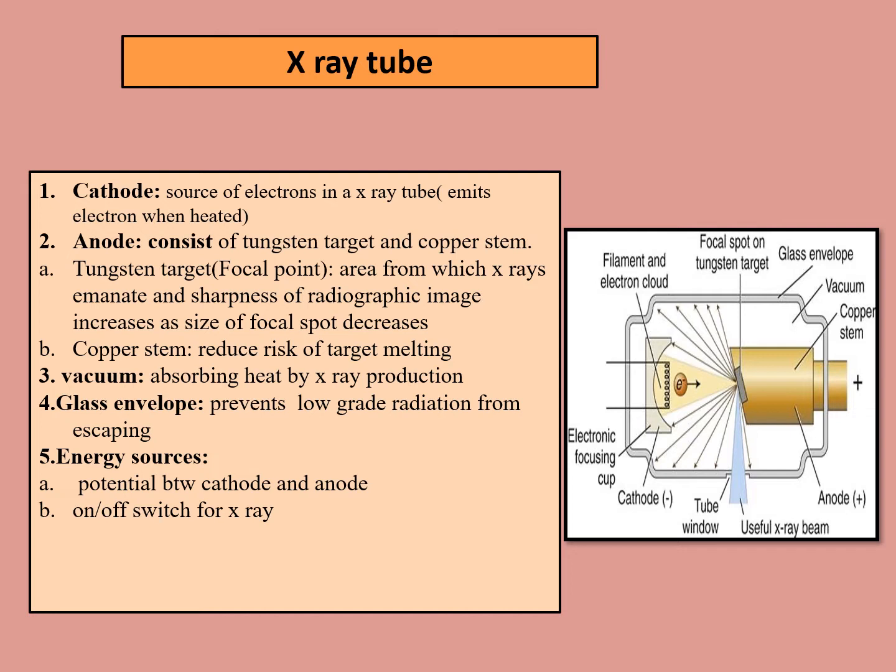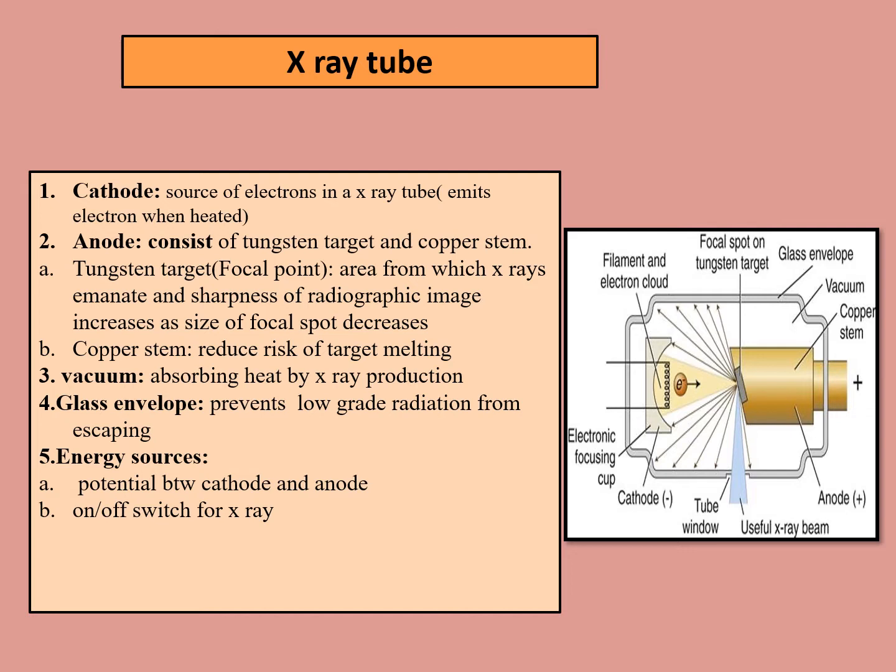The anode is made up of a tungsten target on which you have a small focal spot, where the electrons strike and the X-rays are produced. Now this X-ray tube is inside a glass envelope with oil circulating inside that absorbs the heat. You have a vacuum inside, no air, so that there is no fire, because heat and air can combine and make combustion.